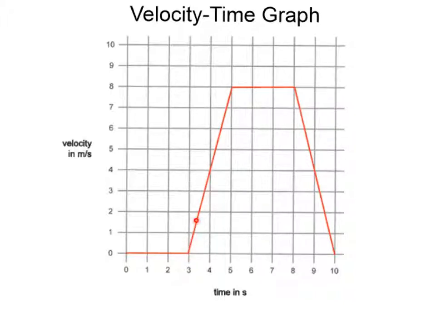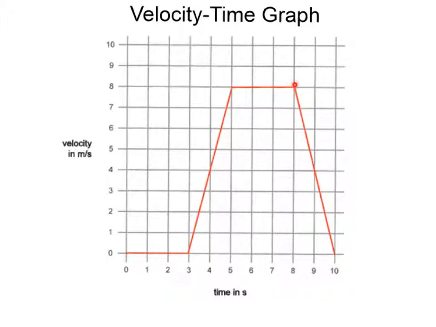What's going on right here? I have a velocity that is steadily increasing, so I have constant acceleration. I'm not going to worry about what direction I'm going right now. We'll just say I'm going in the same direction each time to keep it simple. But my velocity is increasing.